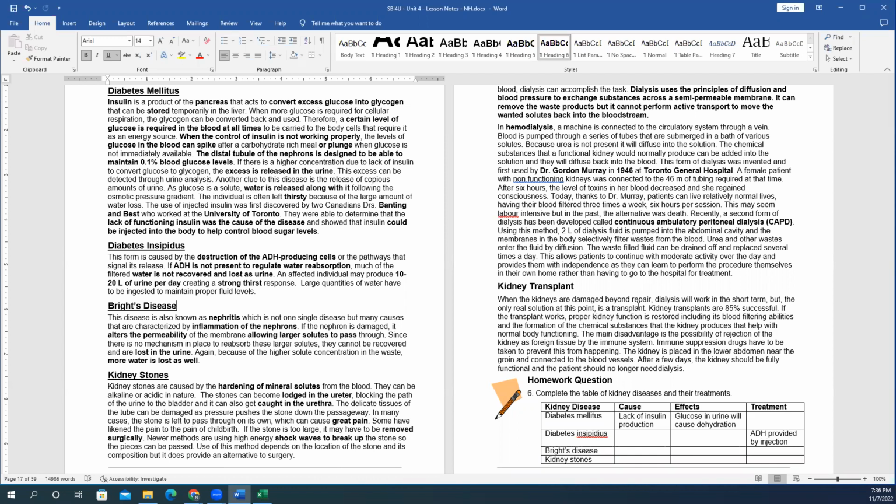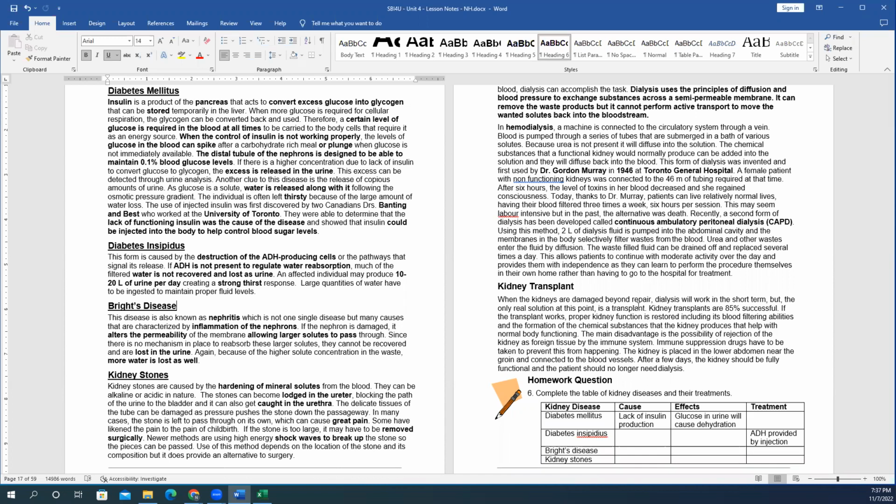After about 6 hours, the levels of toxin in her blood dropped, and she regained consciousness, which she had lost. And so today, thanks to this technique and thanks to Dr. Gordon Murray, patients are able to live fairly normal lives and have their blood filtered several times a week.